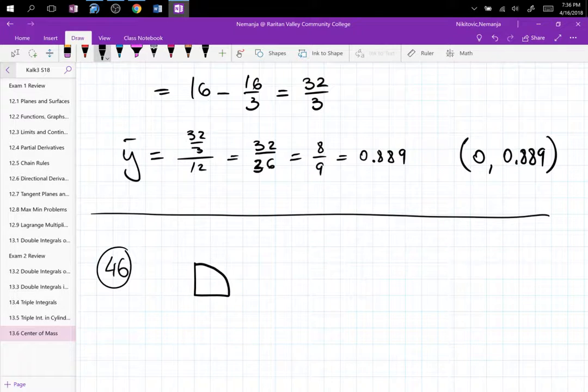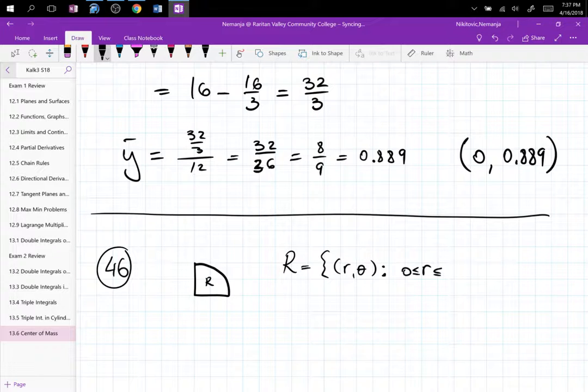Now, what are the specs of this region R? Well, region R, such that the r, theta is given by r is between 0 and 2, and theta is between 0 and pi over 2 to get a quarter circle.